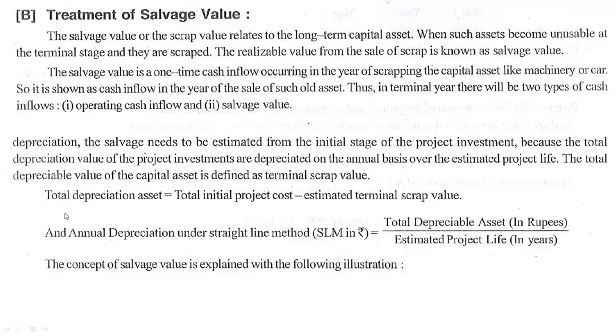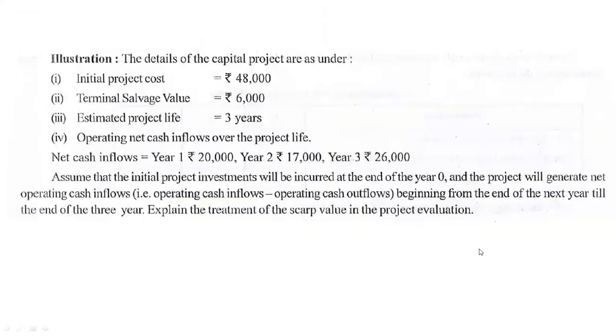Always remember, when we calculate the total depreciable asset, you have to calculate the estimated terminal scrap value. Then you calculate the annual depreciation under the straight line method, which is equal to total depreciable asset divided by estimated project life.